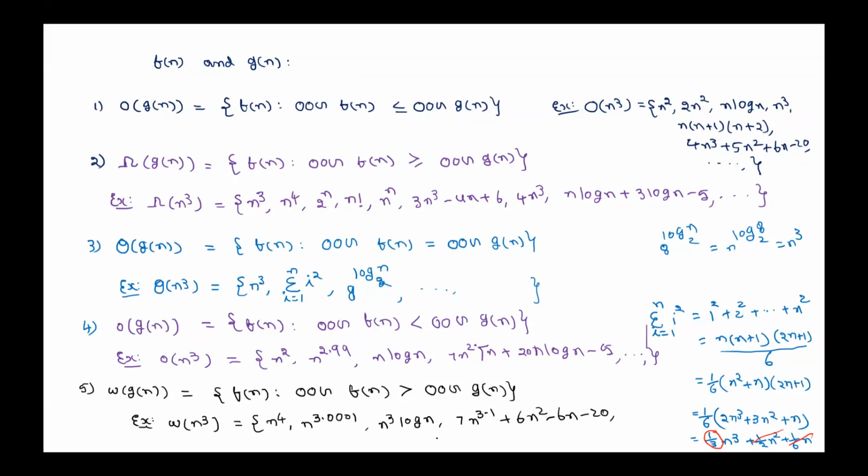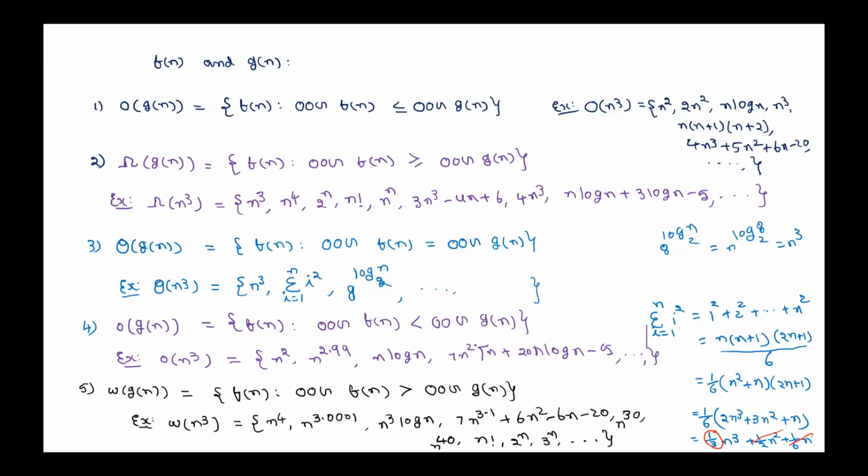Like this we can give. So simply n power 30, n power 40. Next, n factorial, 2 power n, 3 power n, like this.